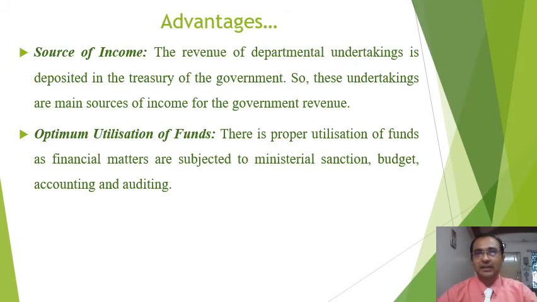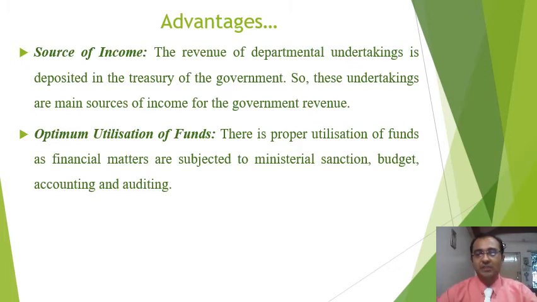If they are in deficit of fund, again they have to get ministerial sanctions, budget, accounting and auditing, even for purchase of miscellaneous goods like bulbs, tubes, fans and drums. They have to get it sanctioned from the ministries or in the budget.